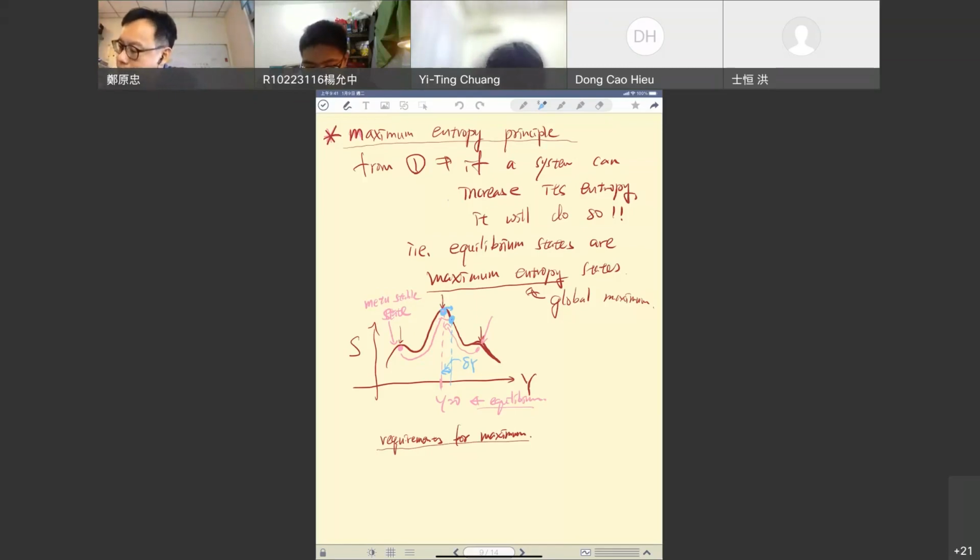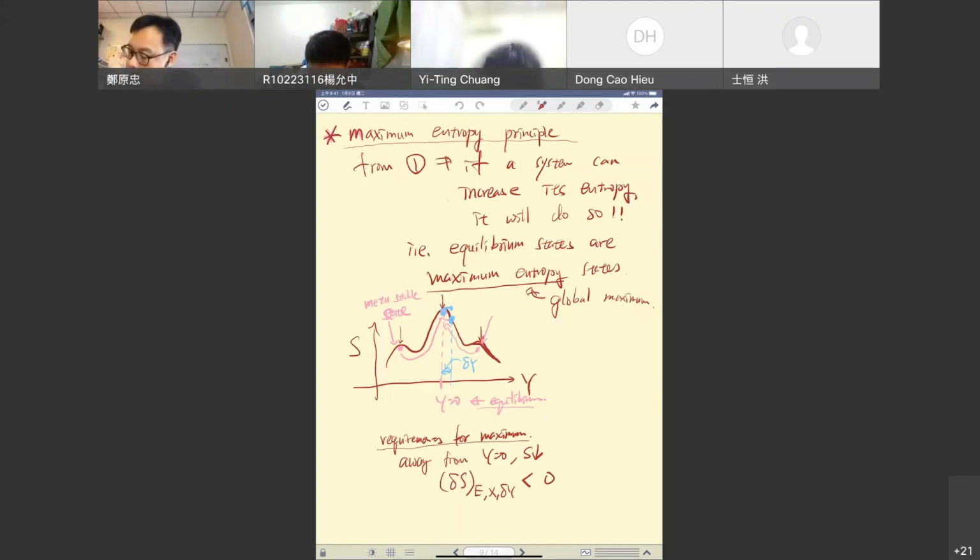So mathematically, we can write this down as follows. From y equals 0, meaning maximum, the entropy will decrease. So any entropy change, delta S, under fixed energy and fixed X, going to delta y, will lead to a negative value.